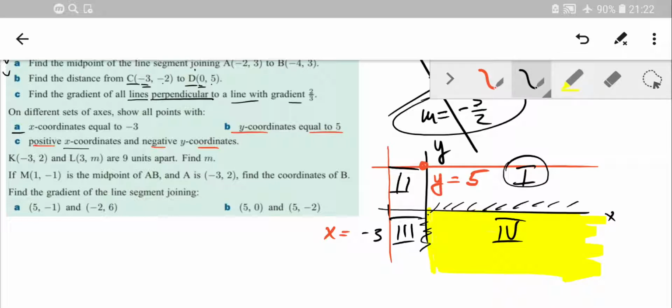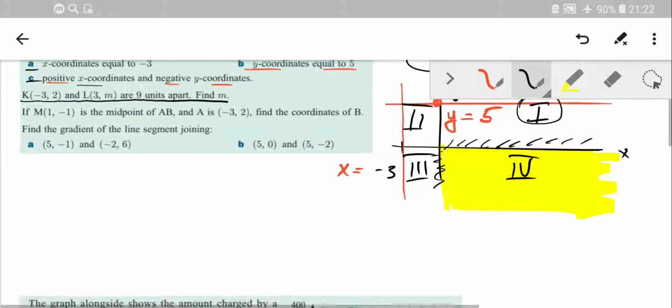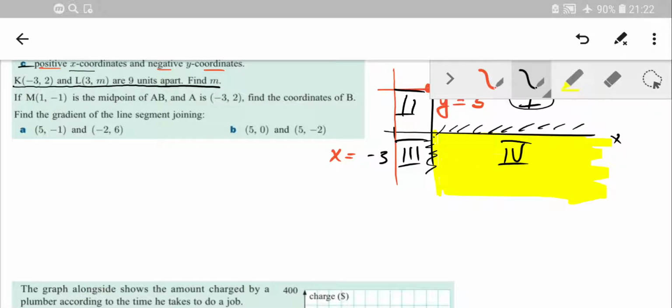All right, so next one, you have K and L, two points that are 9 units apart. Find m. Okay, let's do it. So basically, you have the distance between two points, let's say K with coordinates -3 and 2, and L with coordinates 3 and m.